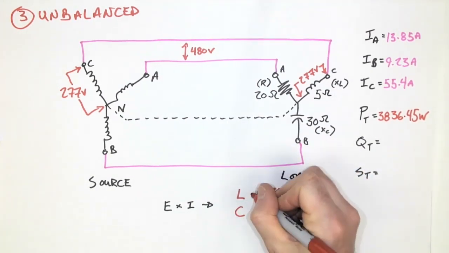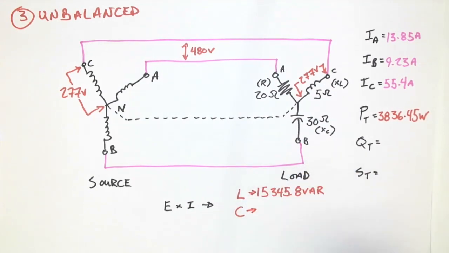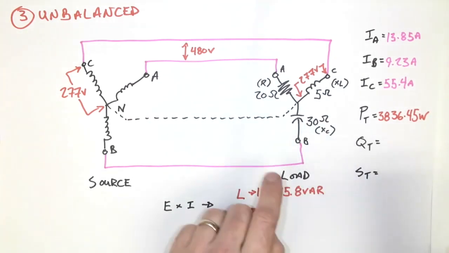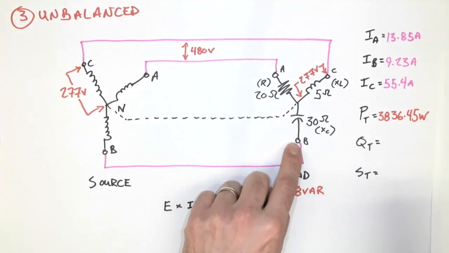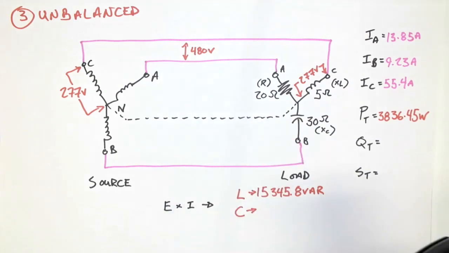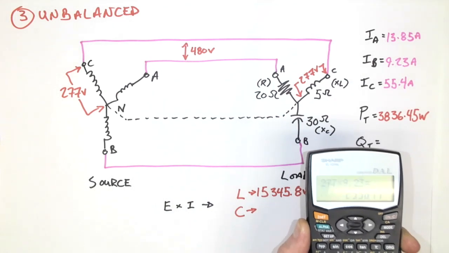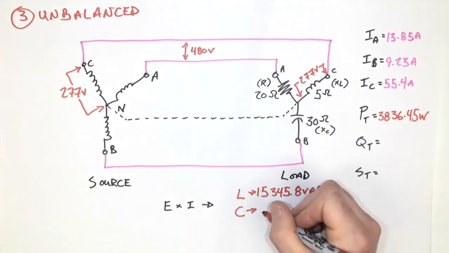I now am going to calculate my capacitive vars, and the capacitive vars are going to be 277 volts times the current flowing through the 30 ohm capacitor, which is IB, 9.23 amps. Gives me 2,556.71.